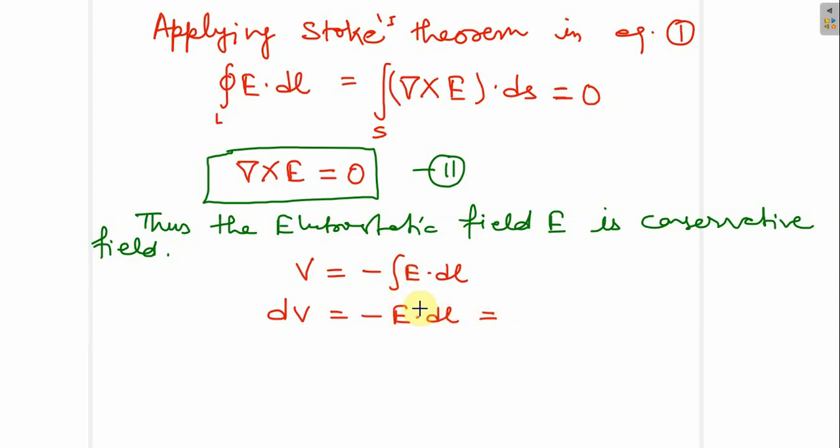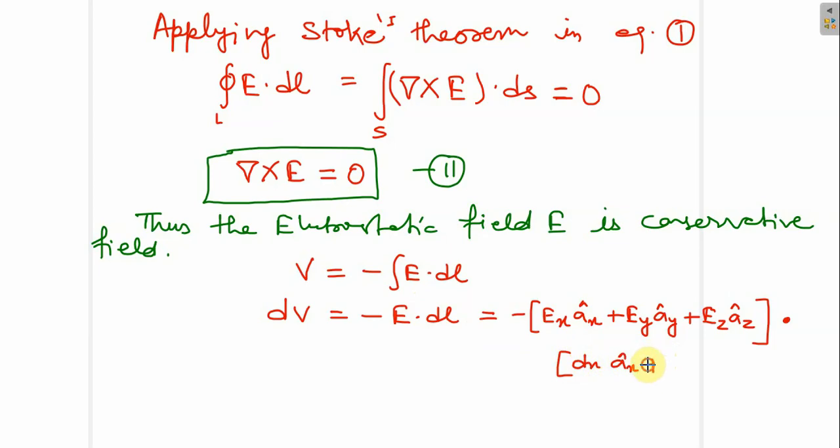Now if we expand this E, so what is E? E is Ex in the direction of ax, then Ey in the direction of ay, then Ez in the direction of az. Then the dot product with dl, so dl is dx ax plus dy ay plus dz az.